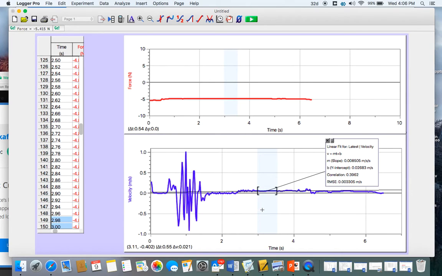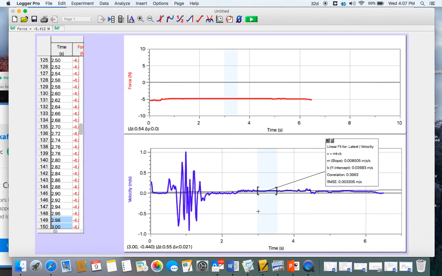But if it's not aligned, then what I just showed you will help you with that. This blue area that's highlighted on both graphs is the same time interval. This one starts at about 3 seconds. I know it starts at 3 seconds on the velocity time graph because I've got my cursor sitting there at the front of that blue period.